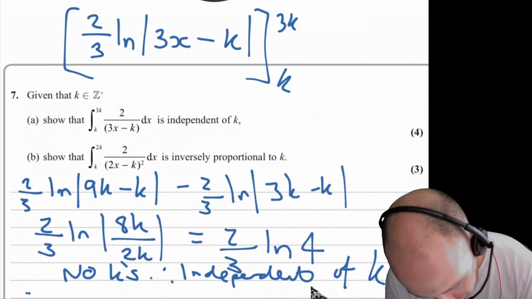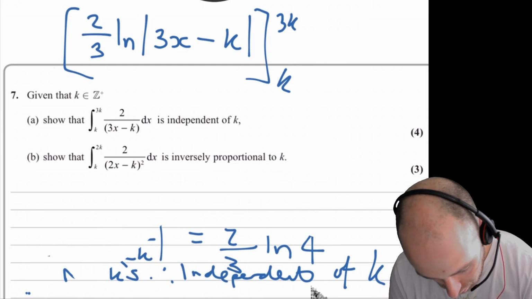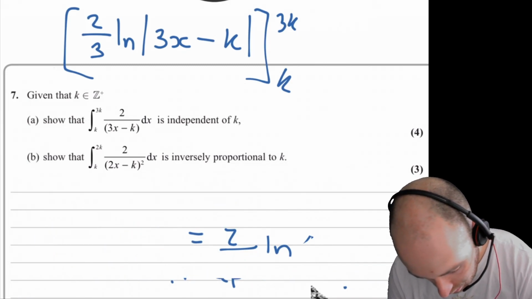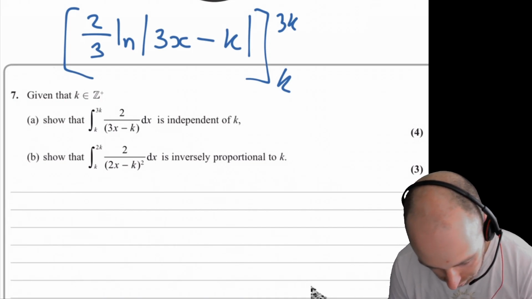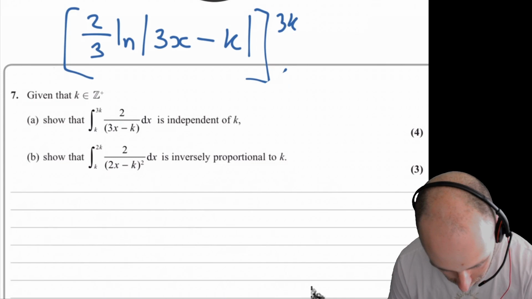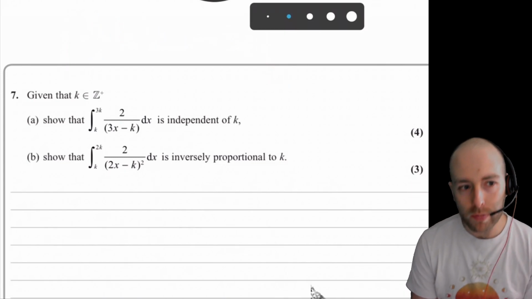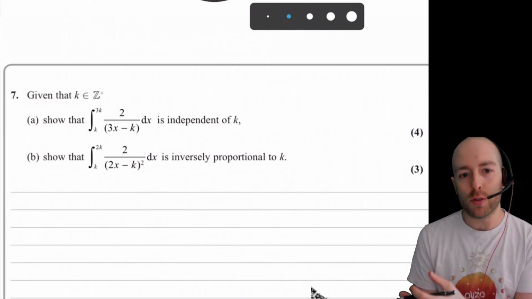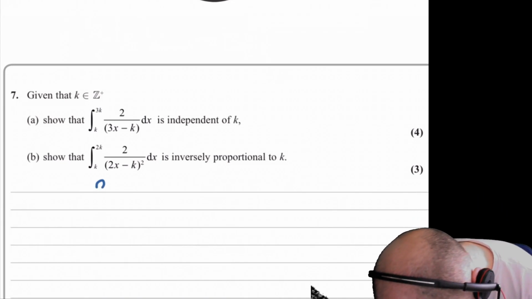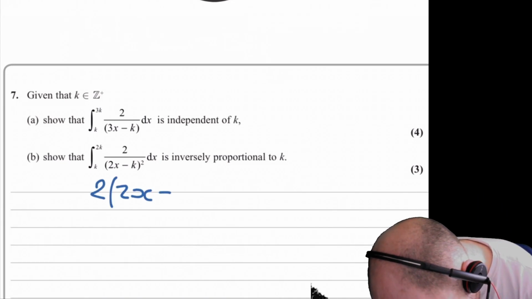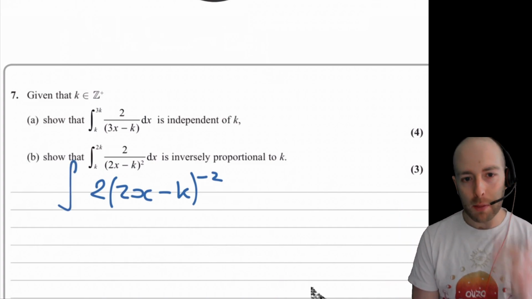The second one, we're trying to show it's inversely proportional. So we're going to do this integral. Can't use ln on this one because it's to the power 2. So anything to the power not 1, we need to use negative powers for this. So we get 2 lots of 2x, take k to the minus 2. If you integrate that, the power is going to go up.